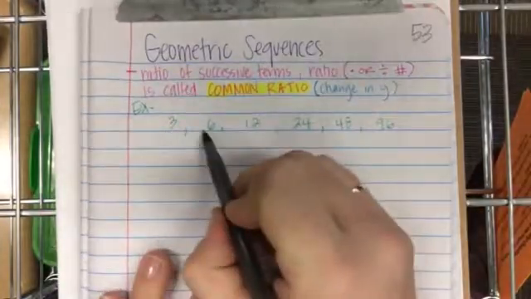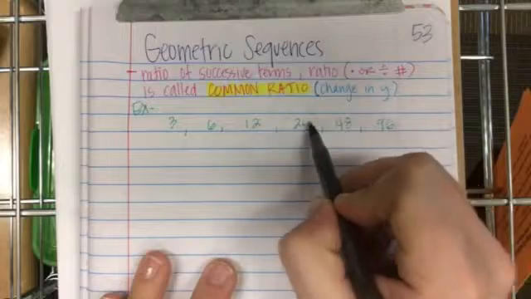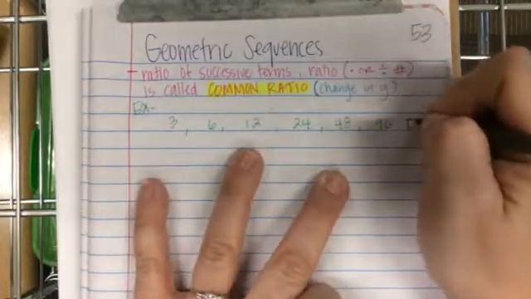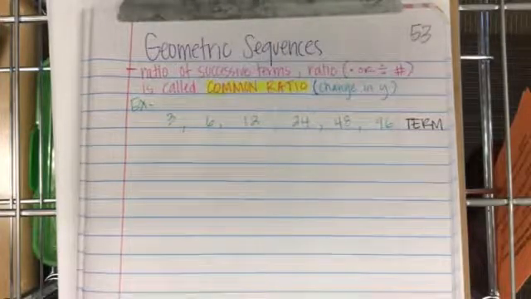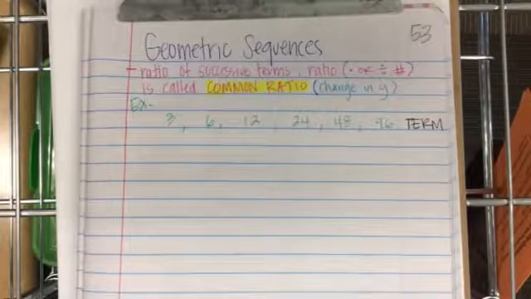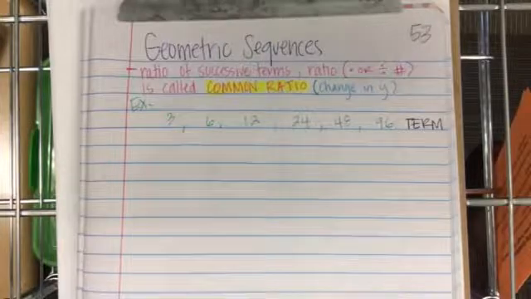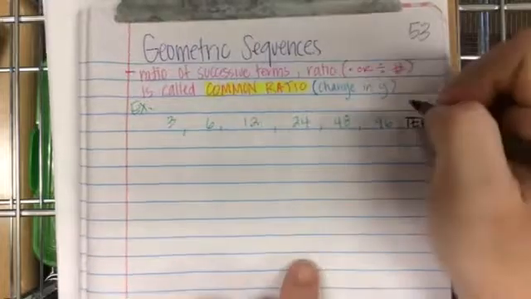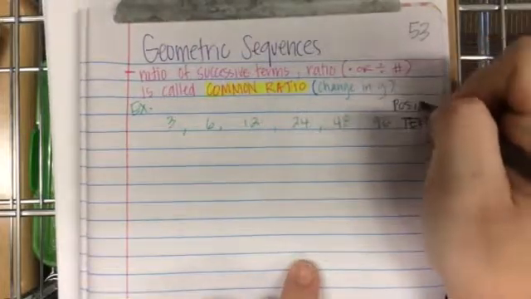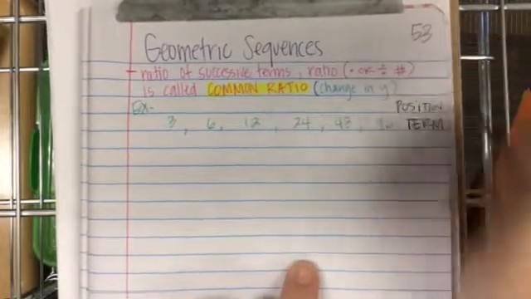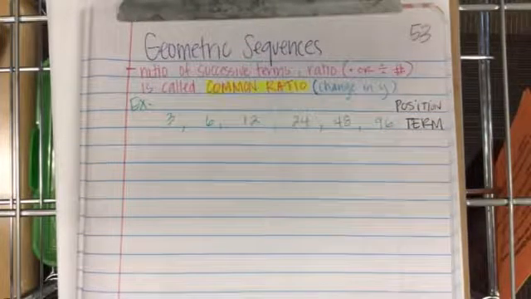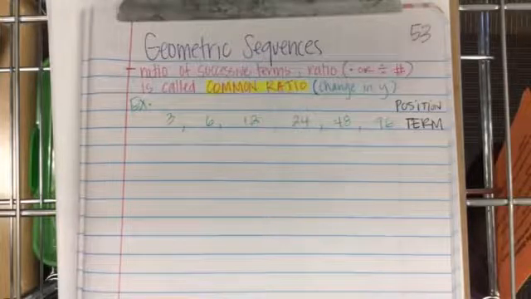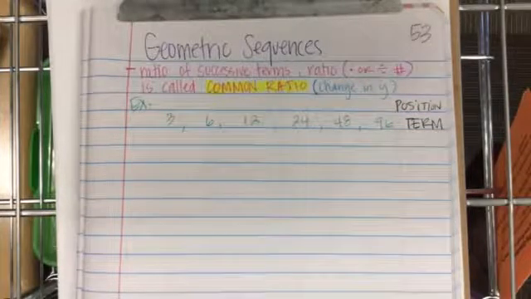The numbers in the pattern are called terms. So these numbers are called terms. And it's kind of hard to talk about them without talking about their position. So we've got terms and we've got positions.